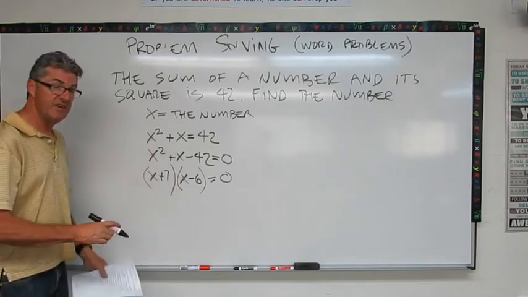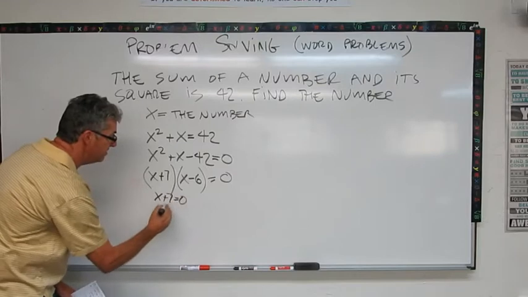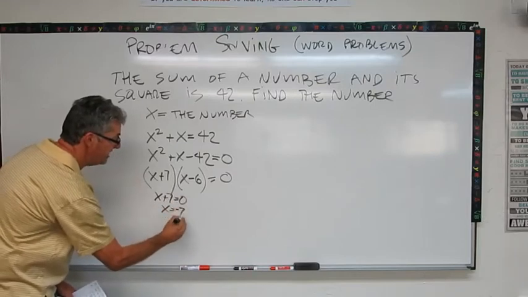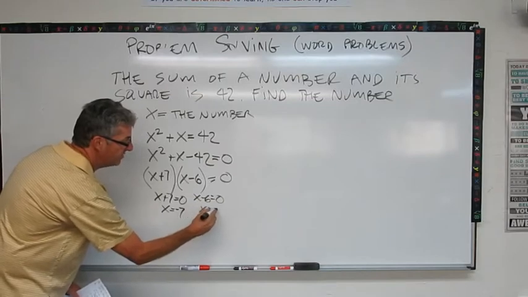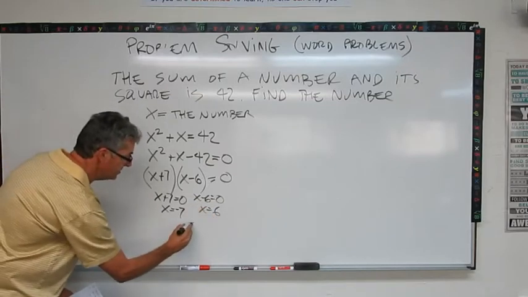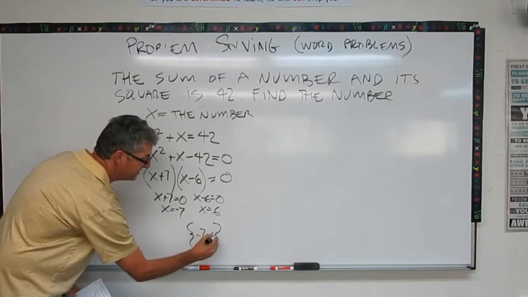Almost there. Let's finish solving. x plus 7 equals 0, so x equals negative 7, and x minus 6 equals 0, so x equals 6. My solutions in set notation are negative 7 and 6.